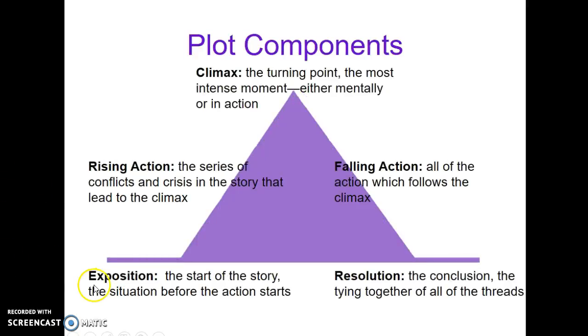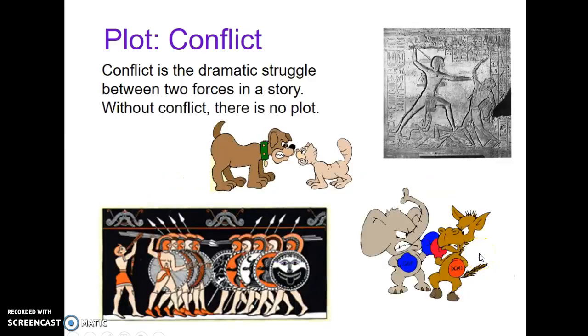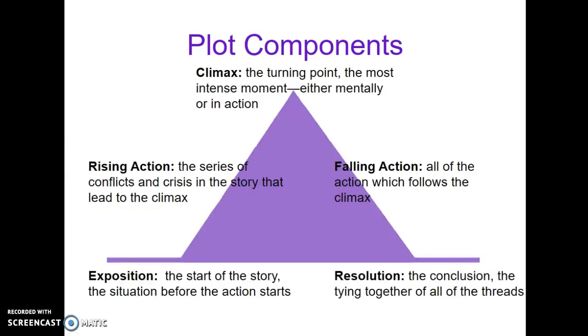And we have this little diagram right here, which we're gonna have to really know, especially for the K-Prep. It just breaks down the components of plot. So our first component is exposition, and it's the start of the story and the situation before the action starts.